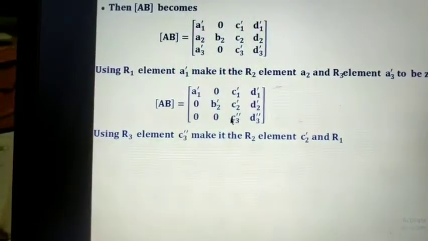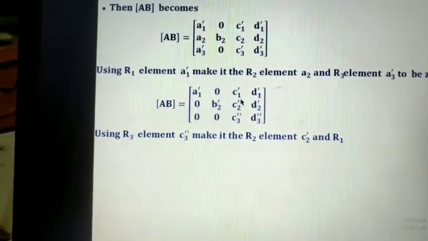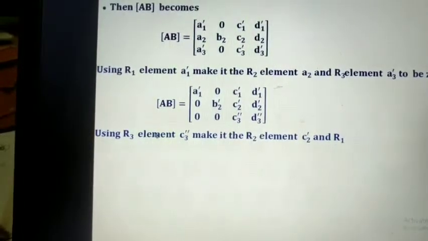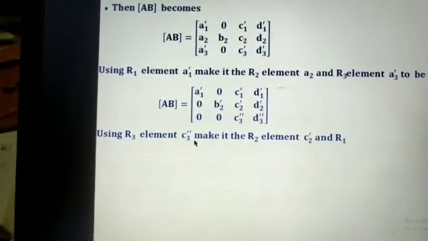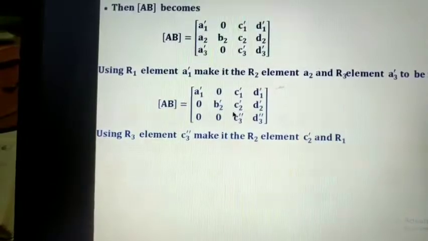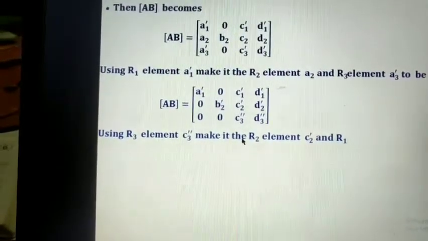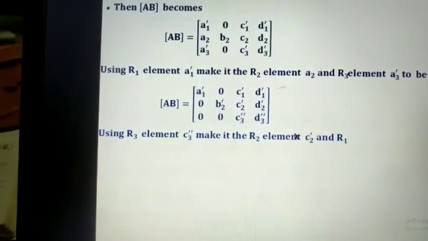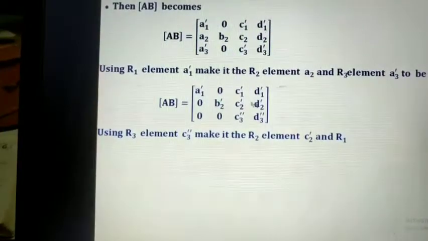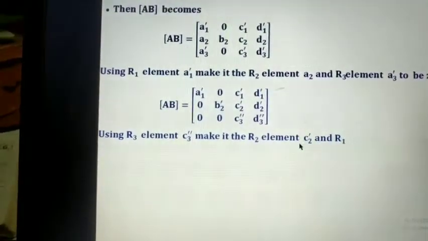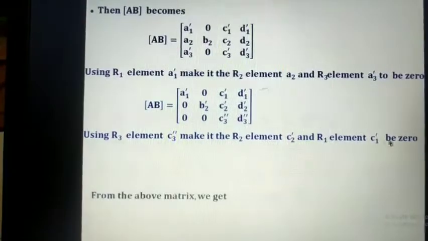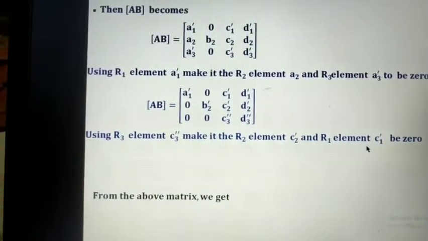Now with the help of this C3 double dash, make the terms C2 dash and C1 dash to be 0. Using R3 element C3 double dash, make the R2 element C2 dash and R1 element C1 dash be 0.